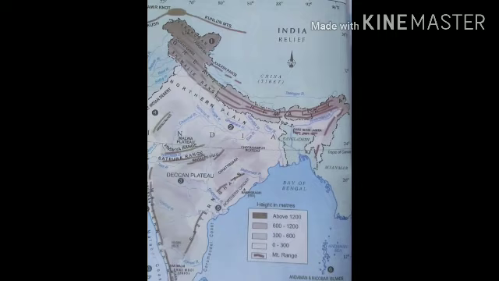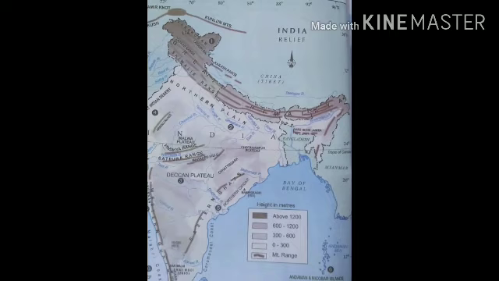So, what we have studied? From west to east, the distance covered by Himalaya is 2400 km, and its width from north to south is 400 km in Kashmir area and 150 km in Arunachal Pradesh.